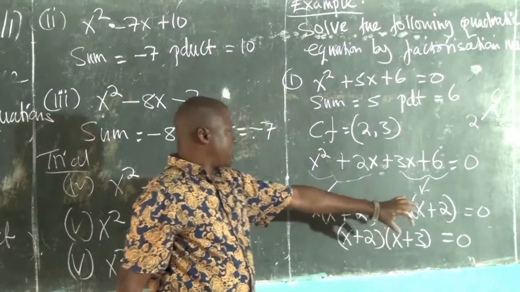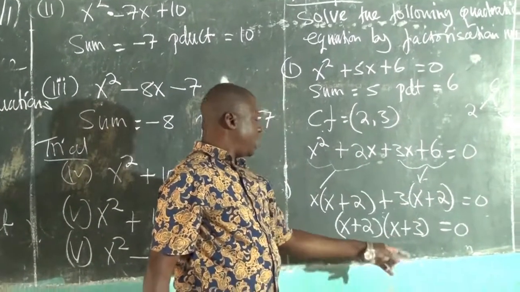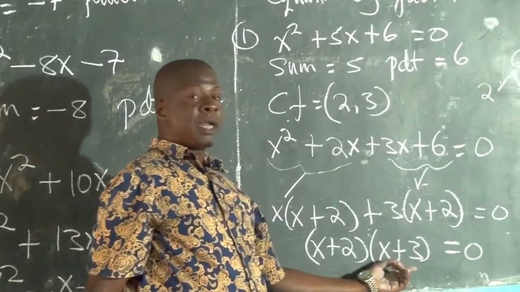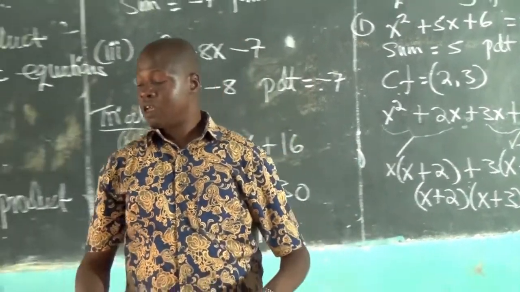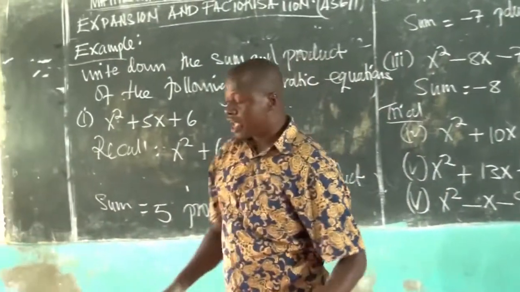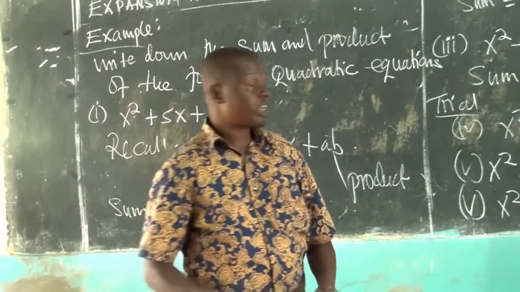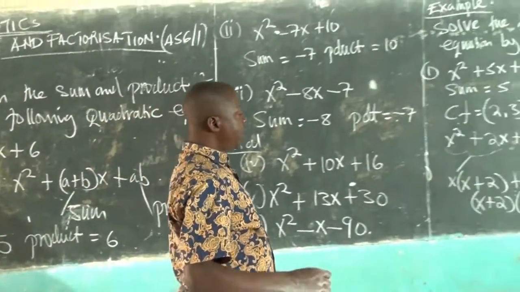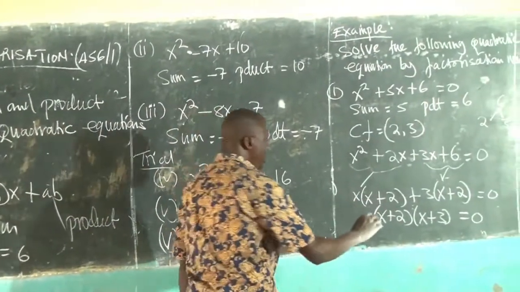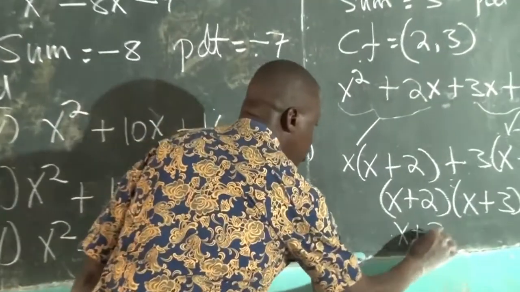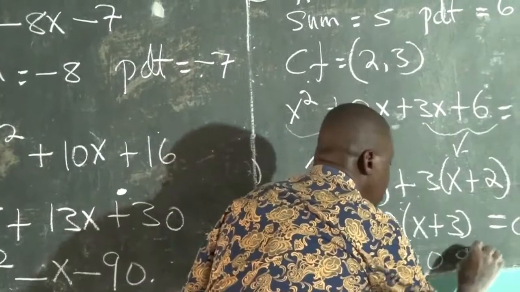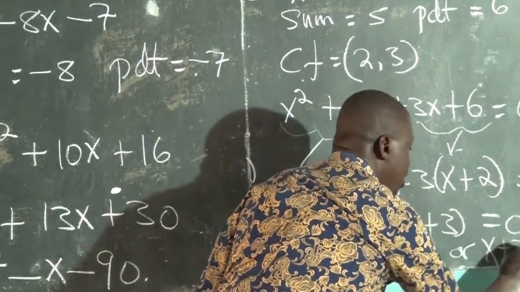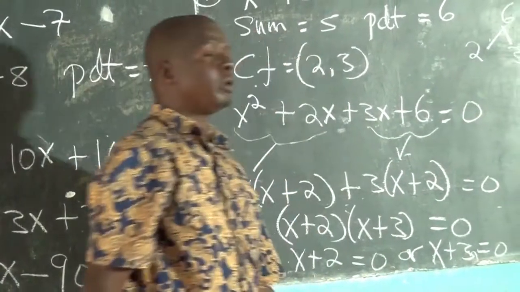You pull out x plus 2, it gives a positive 3. This is what we have. But this is not the final answer. The question was, by factorization method, solve the quadratic equation. So either x plus 2 equal to 0 or x plus 3 equal to 0.